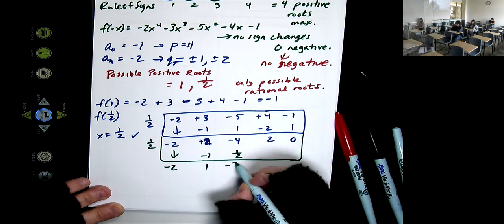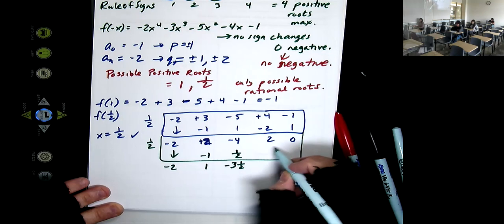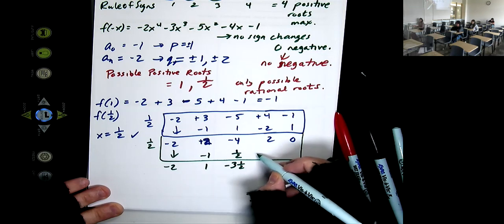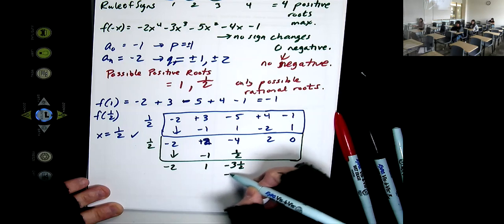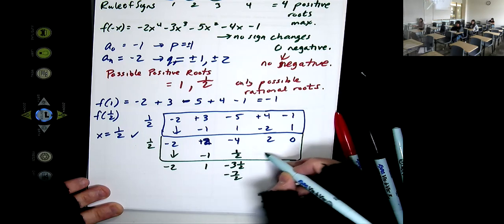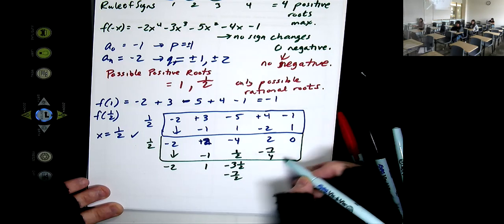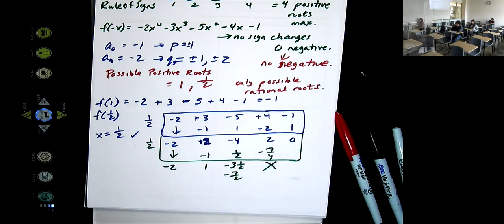This is -3 and 1/2. This is -7/2, which means this is -7/4, and that does not add up to 0. So that one is not going to have any more positive roots.